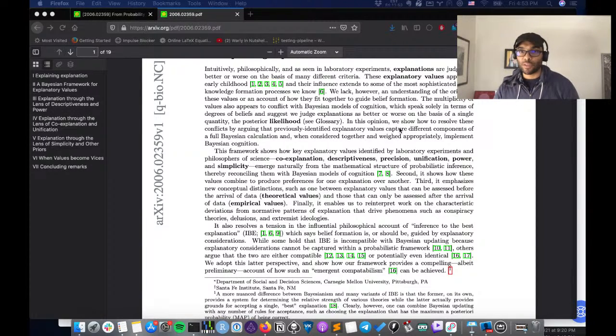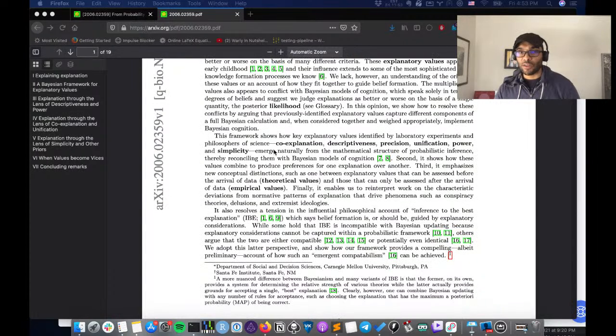So in this opinion, we show how to resolve these conflicts by arguing that previously identified explanatory values capture different components of a full Bayesian calculation, and when considered together and weighed appropriately, implement Bayesian cognition.